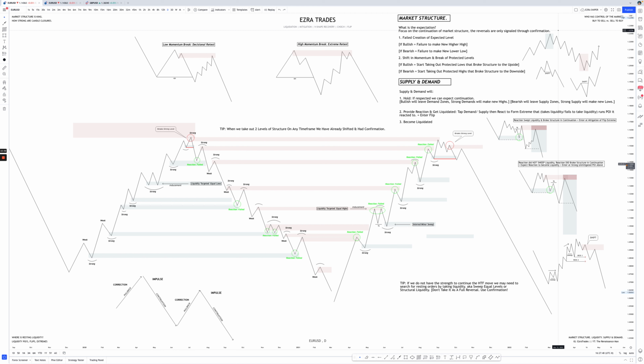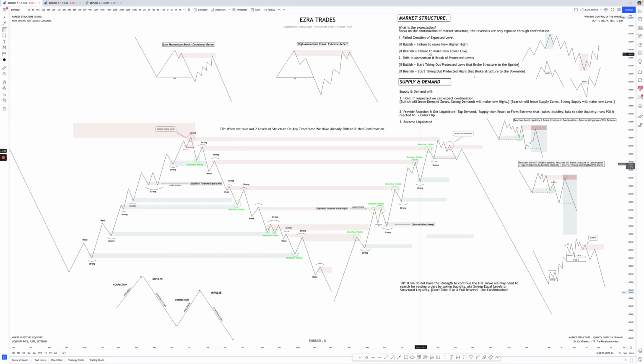We might begin to see that we're building liquidity, we're in a complex pullback, and we may begin to shift, whatever happens, right? So if bullish, a failure to make a new higher high, that's a sign that we're finally getting some weakness, right? Weakness, not a reversal, weakness, right?